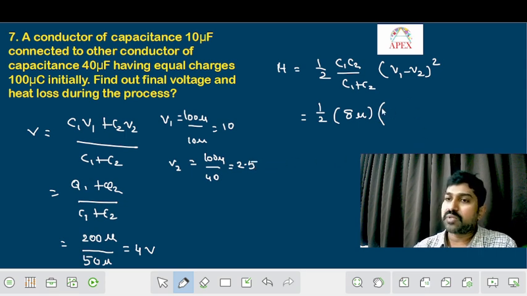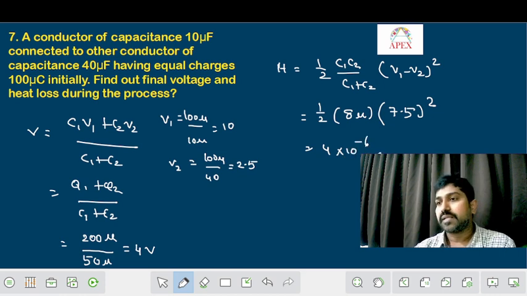So V1 minus V2 means 10 minus 2.5, that is 7.5 whole square. This is equal to 4 into 10 power minus 6 into 7.5 whole square. That means 75 into 75, you try to calculate here. That is 25 and 56.